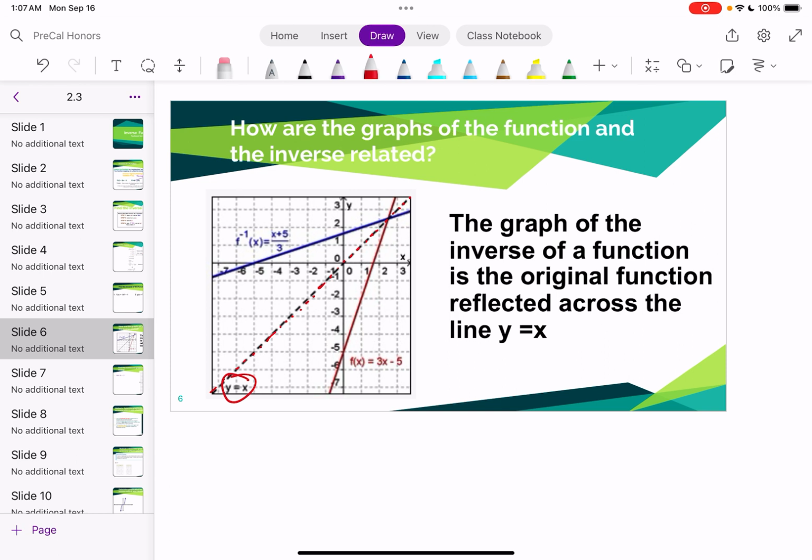So depending on what our initial equation is, it will reflect that one line. So notice as we're running up through this line here, the reflection of that line, of its inverse, will take it through this spot here.